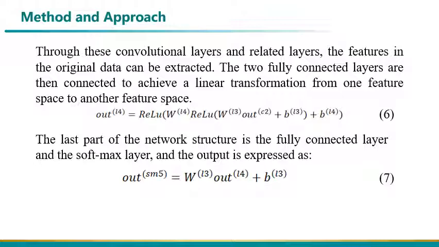Two fully connected layers are then connected to achieve a linear transformation from one feature space to another feature space, as formula 6 states. The last part of the network structure is the fully connected layer and the softmax layer, and the output is expressed as formula 7.